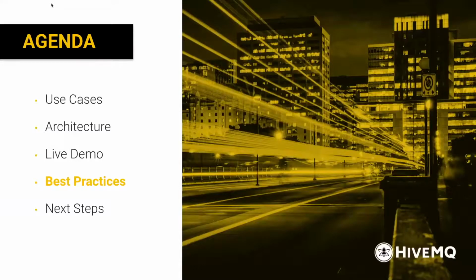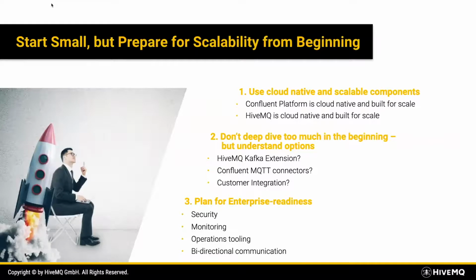Okay, now let's talk about the best practices that, again, we came up with in collaboration with our Confluent colleagues, when it comes to streaming connected car or any data from IoT devices. Now, when you get started, of course, it makes sense to start small, but if you start small in the right way, you are already prepared for scalability from the get-go.